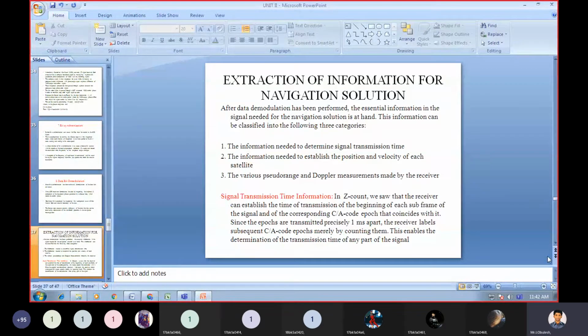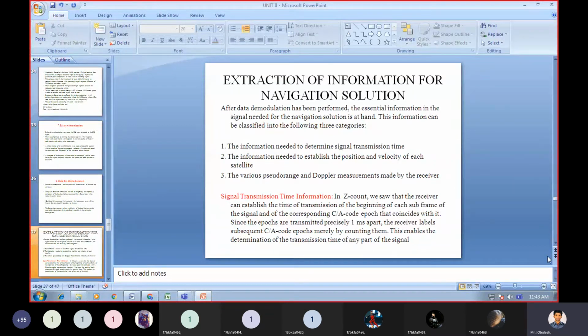This information can be classified into the following three categories.